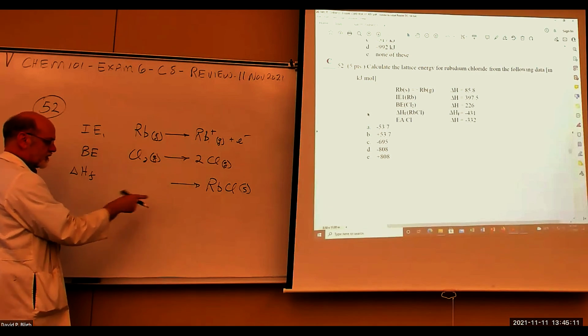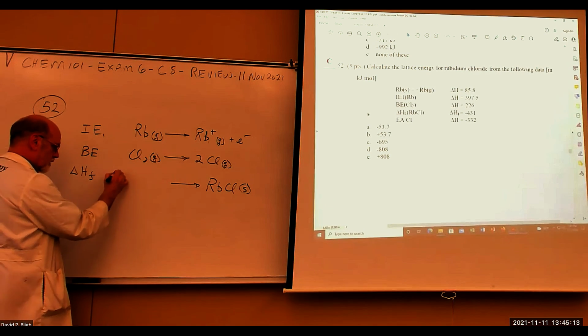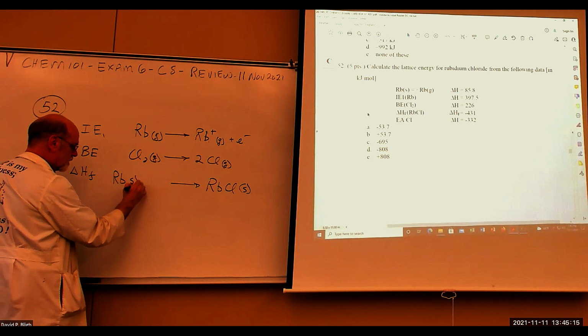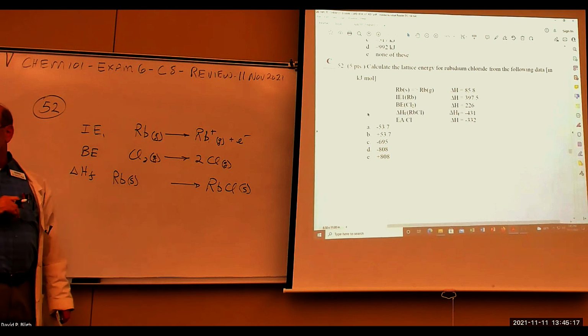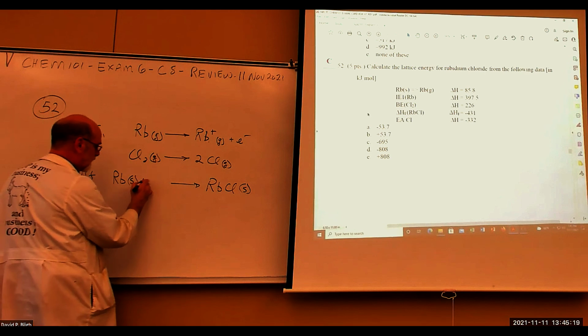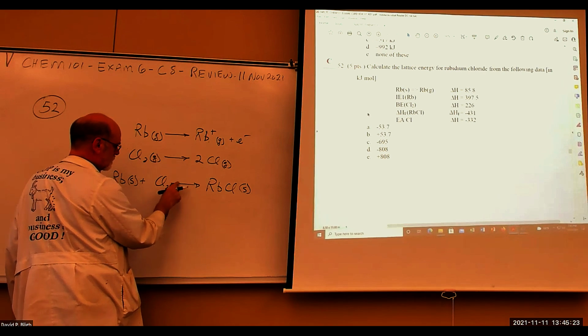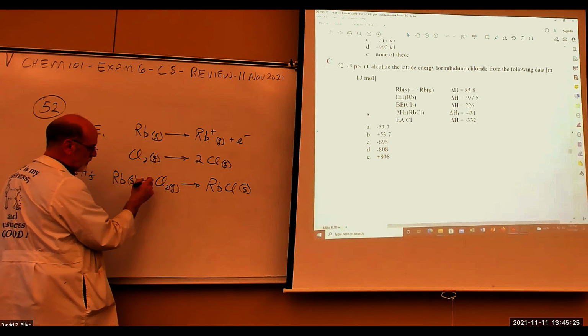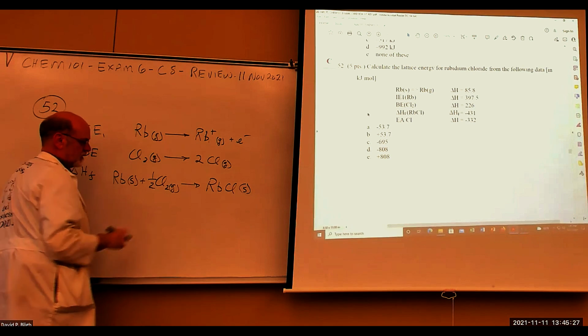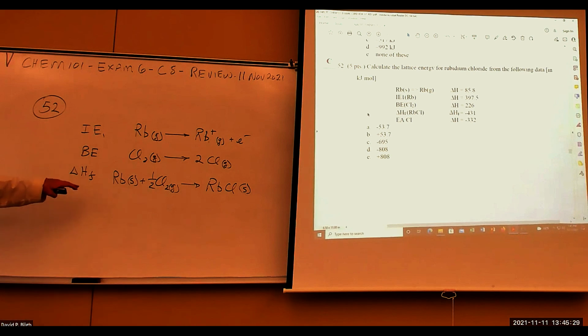So you start with the elements. Rubidium is a metal, so it's solid. And then chlorine is diatomic gas. But you only need one of them. So that's what this HF for rubidium chloride means.